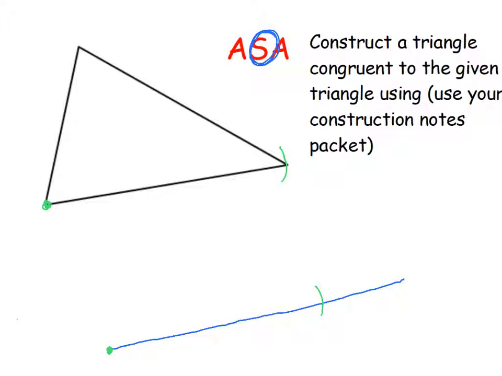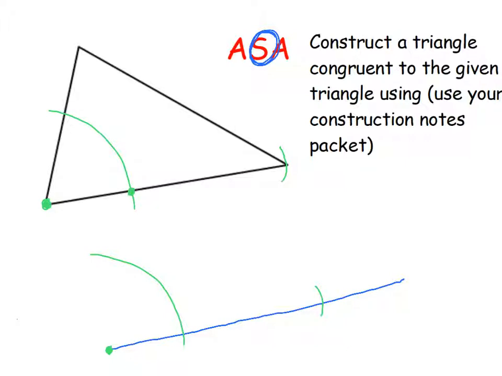Now what I'm going to do is copy these angles. So put the point of your compass right here and put an arc through here. And since you're copying it, you come down here and make the exact same arc. And then you're going to measure how wide the arc is along there.